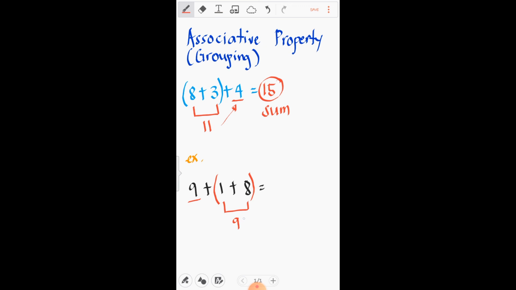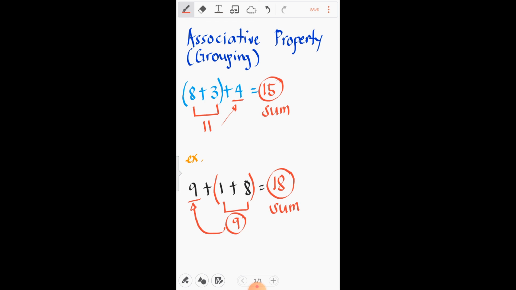We need to add 9 plus the remaining addend, which is also 9. So what do you think is the sum? What is 9 plus 9? 9, 10, 11, 12, 13, 14, 15, 16, 17, and 18. Okay, so the sum here is 18.